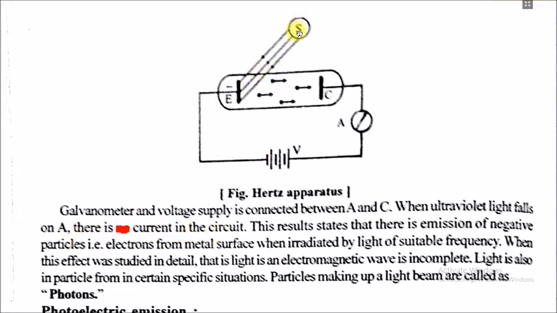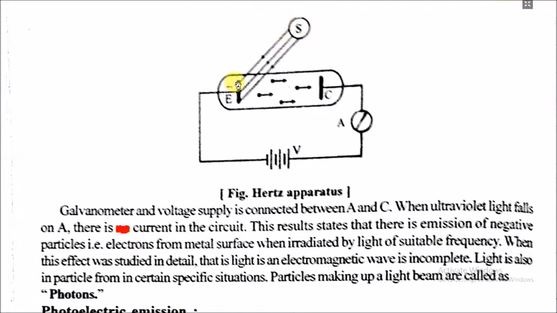As soon as the ultraviolet light is incident on the anode, suddenly the galvanometer shows some deflection, means there is a flow of current in this circuit. This result states that there is an emission of negatively charged particles, that is electrons, from the metal surface when irradiated by a suitable frequency.